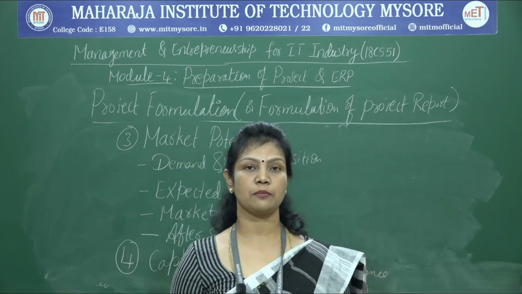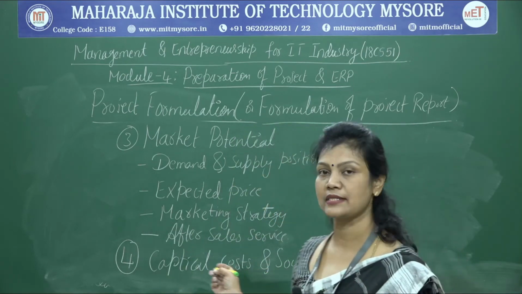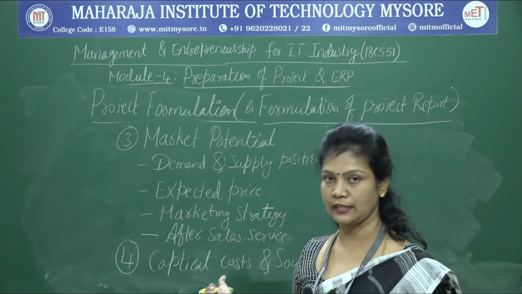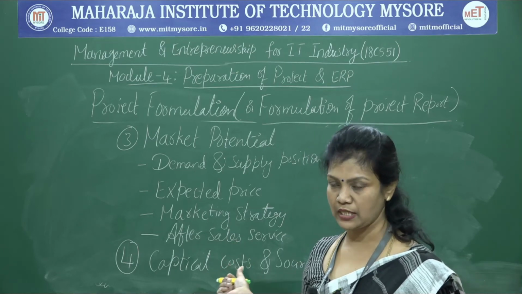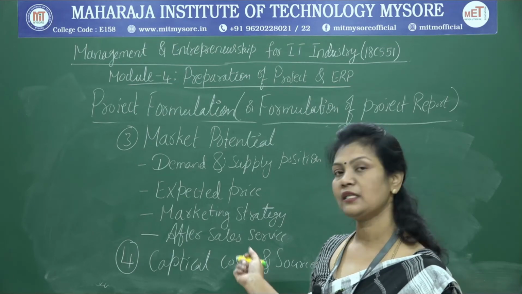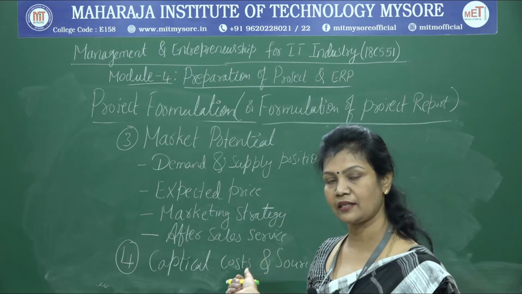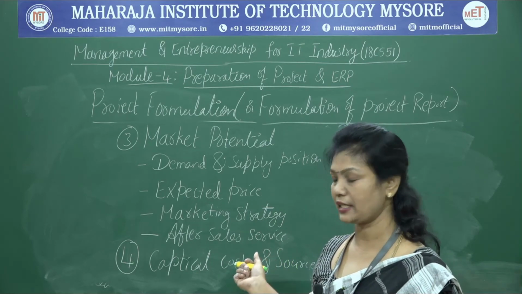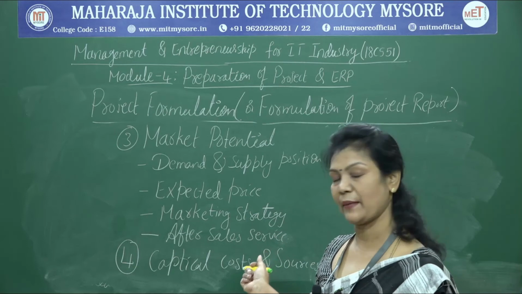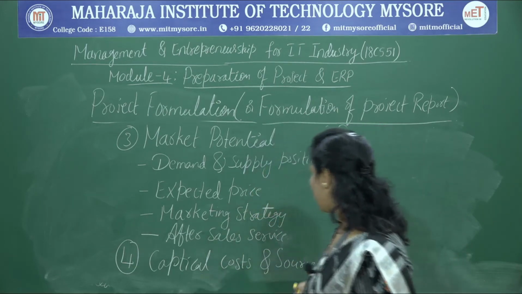So here, how much money the organization needs in order to set up the firm or the enterprise, that is, in order to purchase the land, construct the building, construct the plant, purchase the machineries and the equipments, hire the employees and give the salary to them. How much capital they need is nothing but the capital costs.